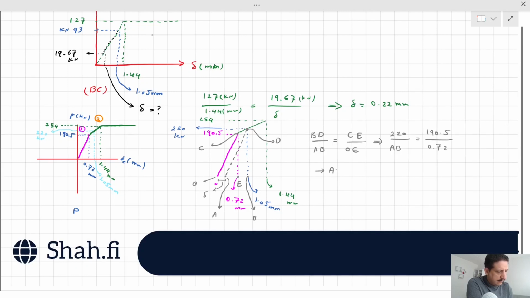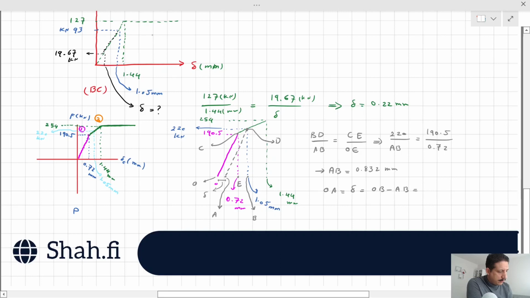From here, we can calculate the length of AB, 220 times 0.72 divided by 190.5. So it is 0.832 millimeter. As a result, OA, which represents the deformation, will be OB minus AB.